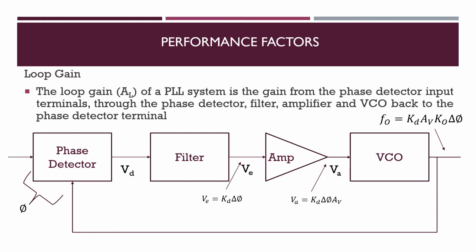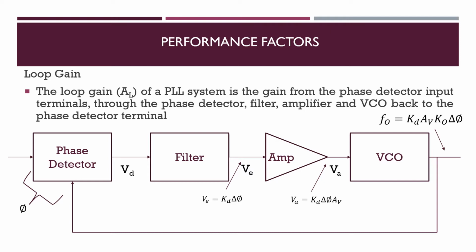Here Vd is the phase detector output. Therefore the filter output Ve is equal to Kd times delta phi, where Kd is the phase detector sensitivity and delta phi is the change in the input phase. This Ve is amplified and we get a voltage Va, which is equal to Kd delta phi into Av, where Av is the amplifier gain.